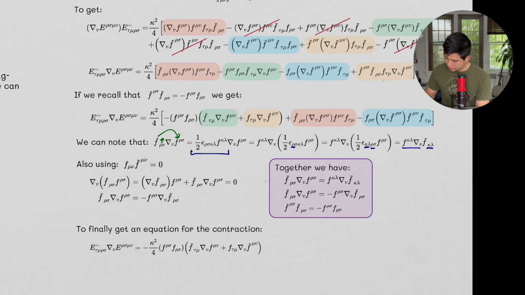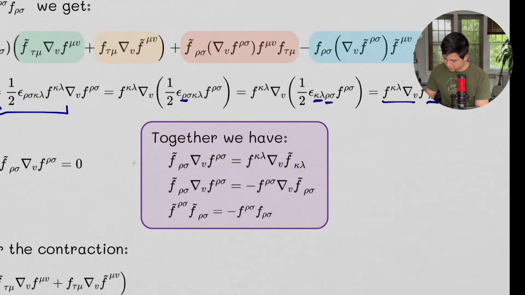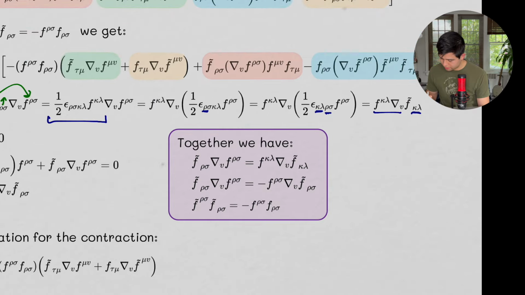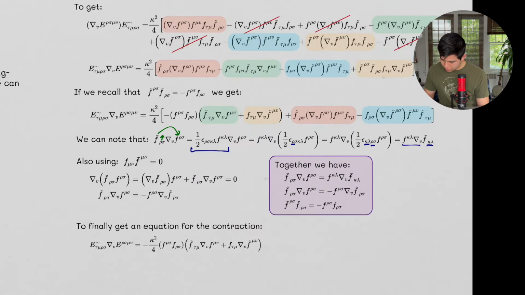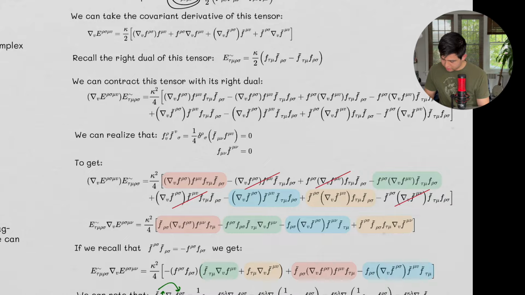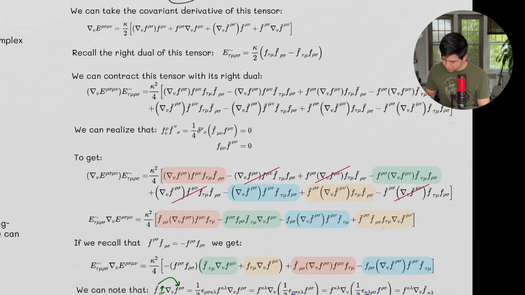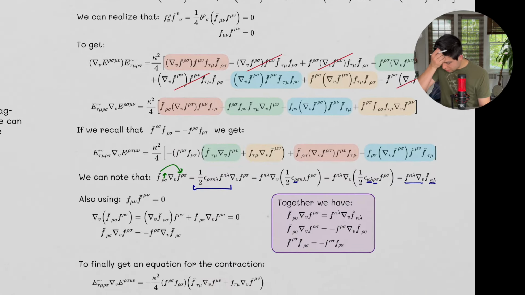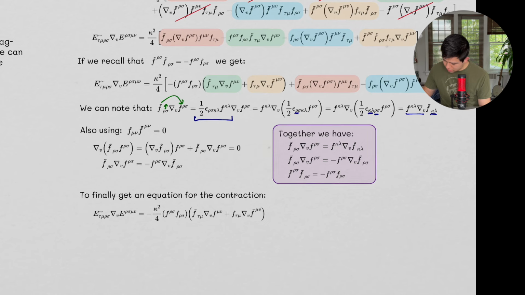Because here it looks like I'm saying two things that are contradictory to one another. So I think, let's see, if I come back up here really quick, I just want to double check.